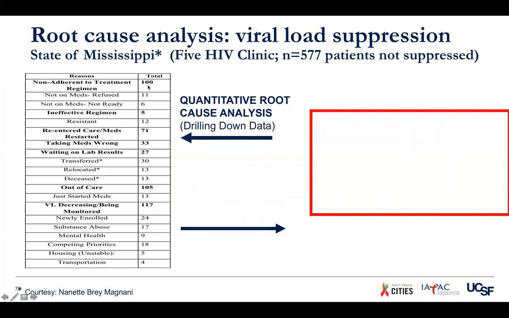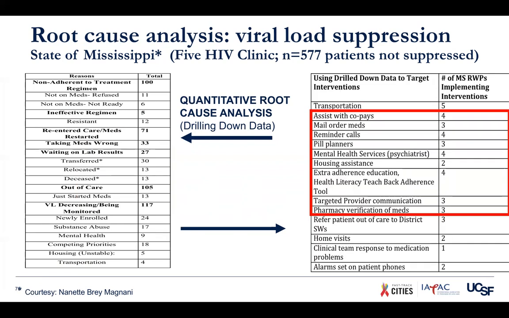So there were a total of 100, and you can see people on ineffective regimens, re-entering care, not taking their medications appropriately, and troubles with viral load monitoring. Here, non-adherence, I misspoke, is one of the most common causes. So these are targeted in the interventions.